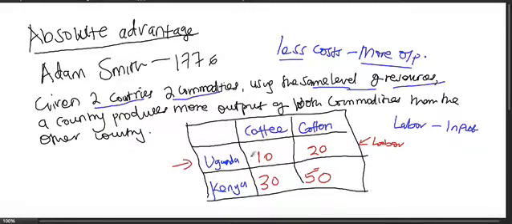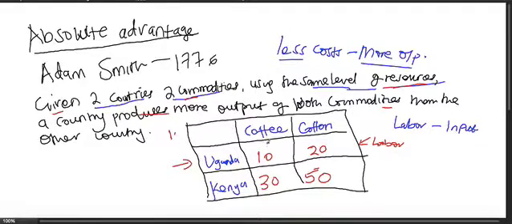So basing on this scenario, example one, you can see that given two countries producing two commodities using the same level of resources, a country produces more output of both commodities than the other country. That means Uganda has absolute advantage in production of both cotton and coffee than Kenya.